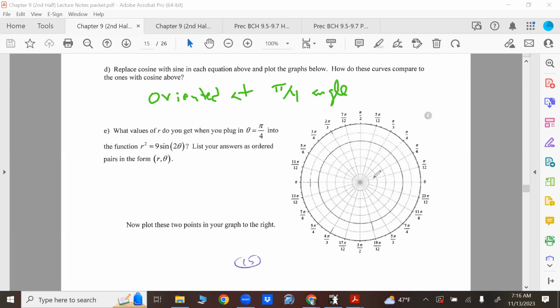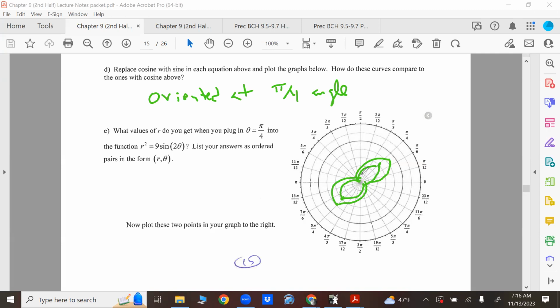So you have r is 3 or -3. 1, 2, 3. And then 5 pi over 4. You stretch it out. You get 16 for a squared.